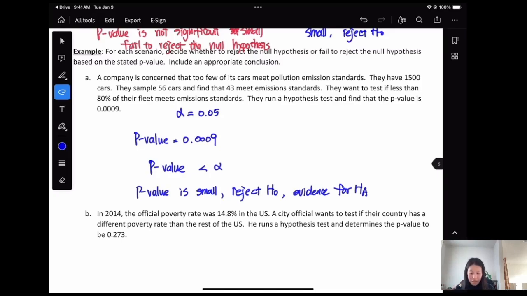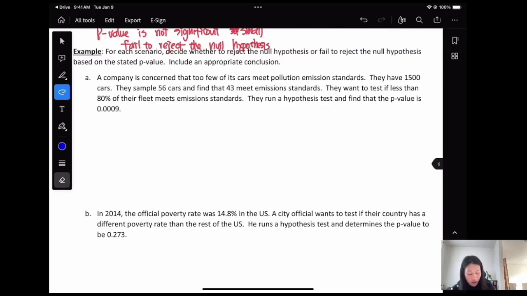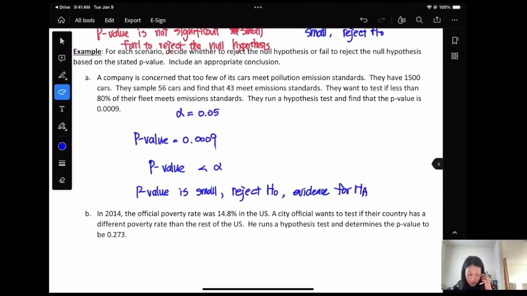In this case, we will be more concrete and detailed. So what is our alternative hypothesis? Well, the alternative hypothesis is that less than 80% of their fleet meets the emission standard.